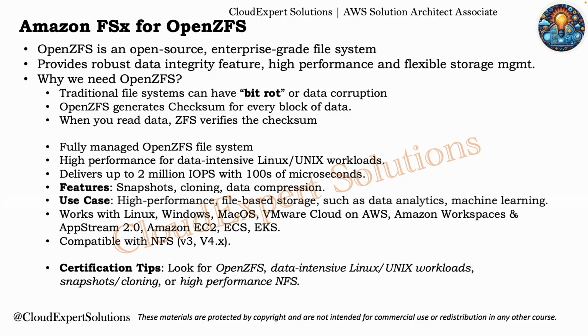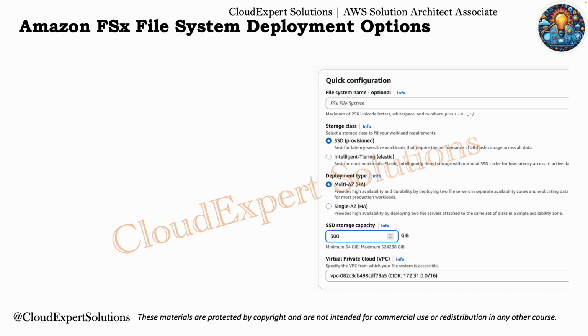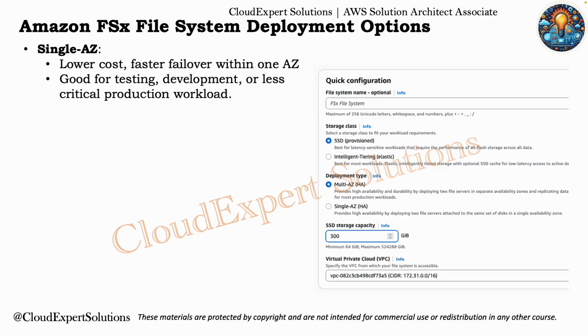Now let's review different FSx deployment options. For your certification exam, it is crucial to understand the deployment options. You can deploy a file system as either single-AZ or multi-AZ. Single-AZ is cheaper and offers faster failover within that availability zone, and single-AZ is suitable for development or test environments.